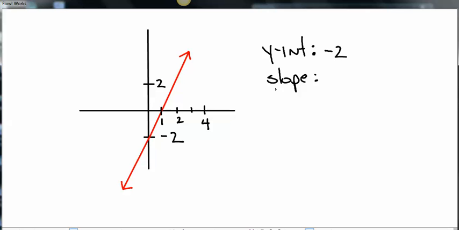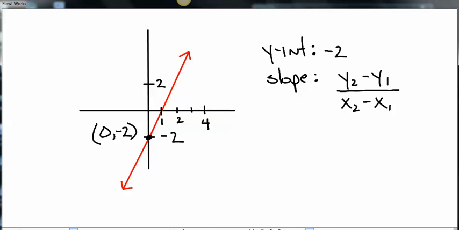But remember that slope equals y2 minus y1 over x2 minus x1. Agreed? What are the coordinates of this point right here? Careful. 0, negative 2. And what are the coordinates of this point right here? 1, 0. So if you know coordinates of 2 points on a line, can't you find the slope using the slope formula?